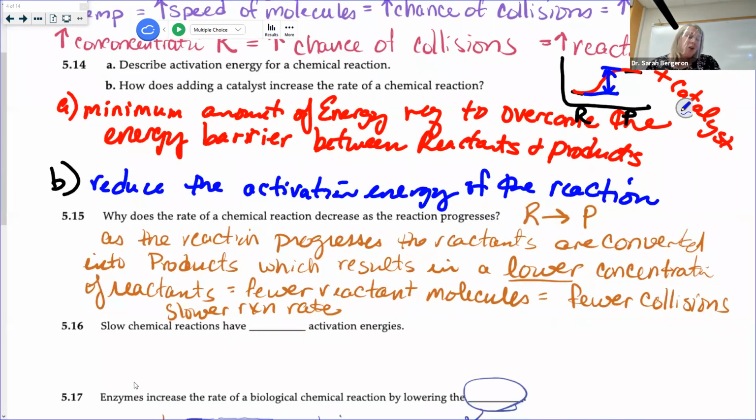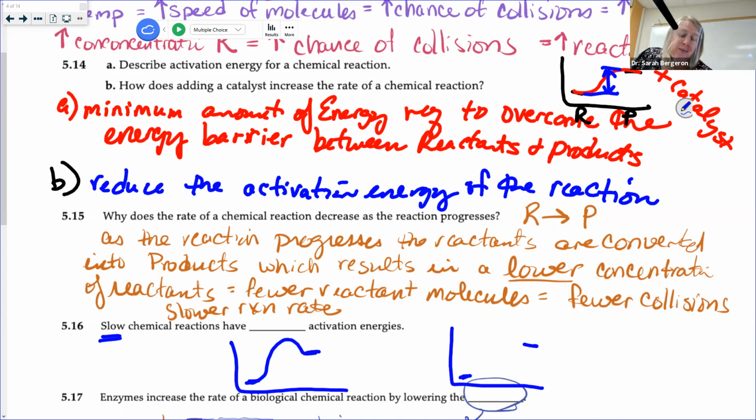So if you have a slow chemical reaction, are we going to have a large or small activation energy? If we have a slow chemical reaction, picture me on a bicycle, right? Here and here. This has a high activation energy.